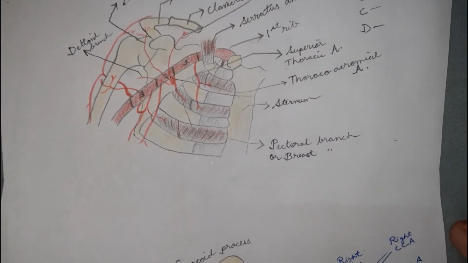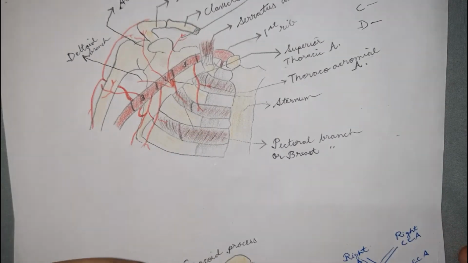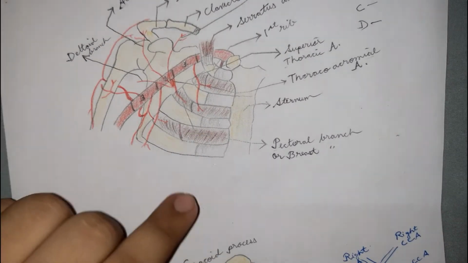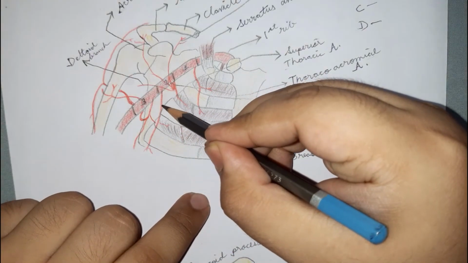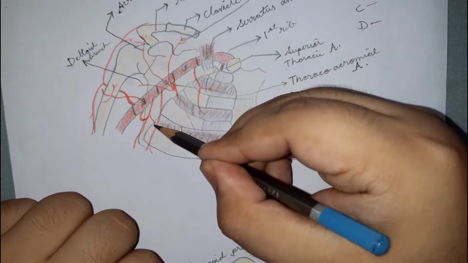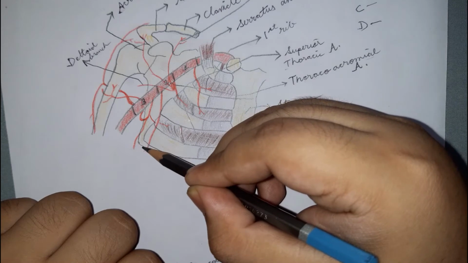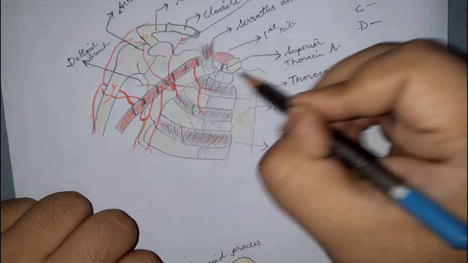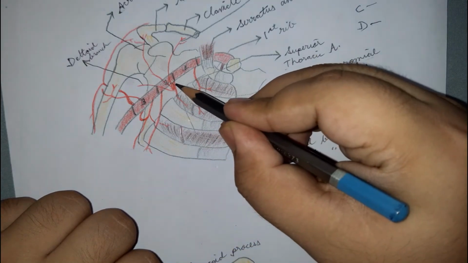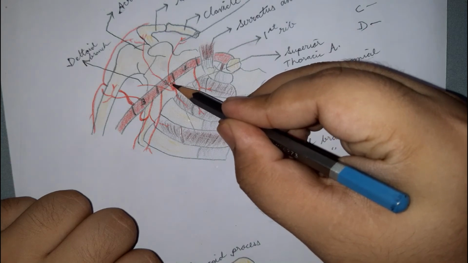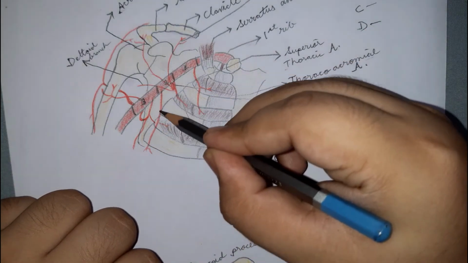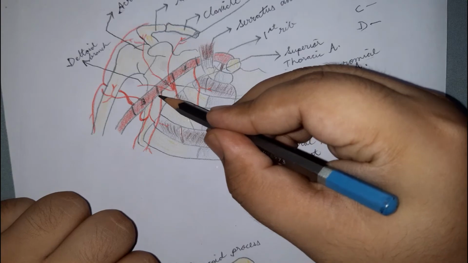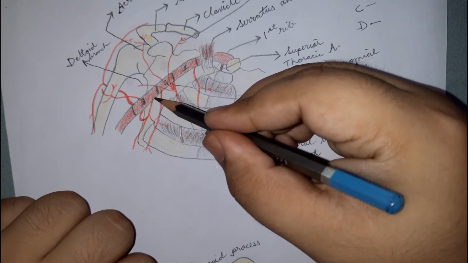The last branch of the second part of the axillary artery, this one going laterally and downwards like this. Just as the thoracoacromial artery emerges at the upper border of the Pectoralis Minor, this branch of the second part emerges at the lower border of the Pectoralis Major.